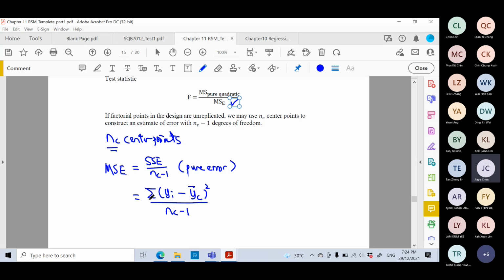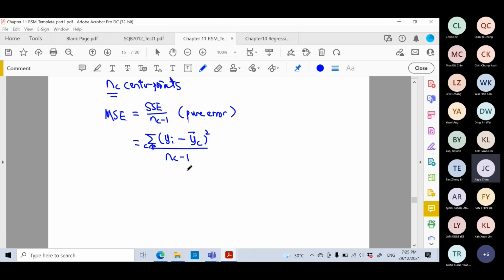So the sum is only over the center points, squared, divided by nC minus 1. This is quite similar to the formula for the variance, but you only use your center points to calculate your MSE.